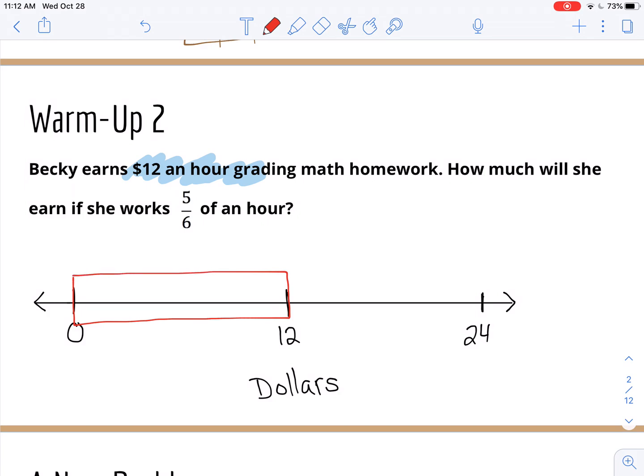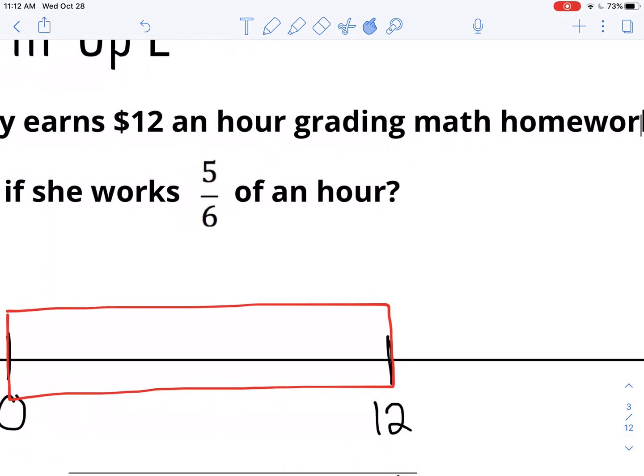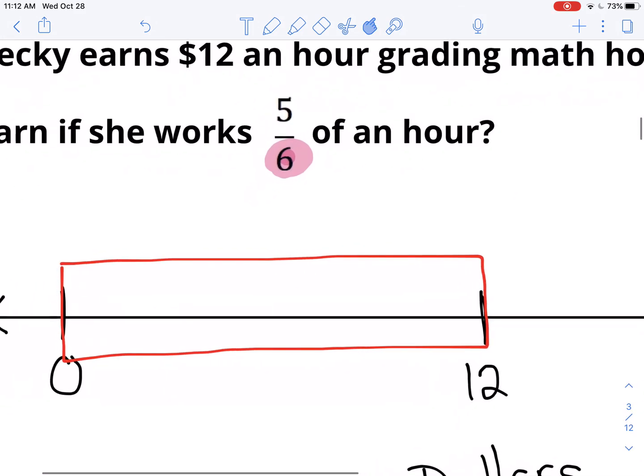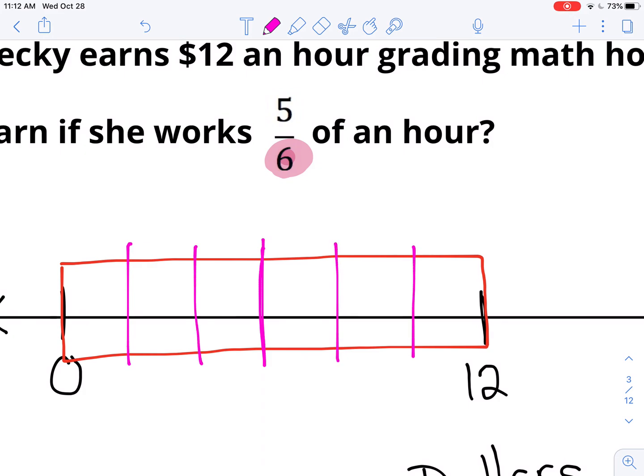If the whole thing was colored in, she'd have a whole hour and she'd make $12. But she's not working a whole hour. She's working 1/6 of an hour at a time, so I need to take this rectangle and cut it into 6. Half, and then each one in 3, because 3 plus 3 equals 6.